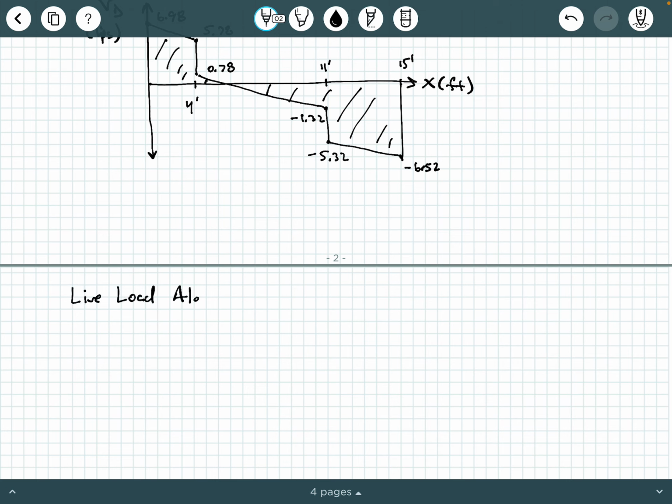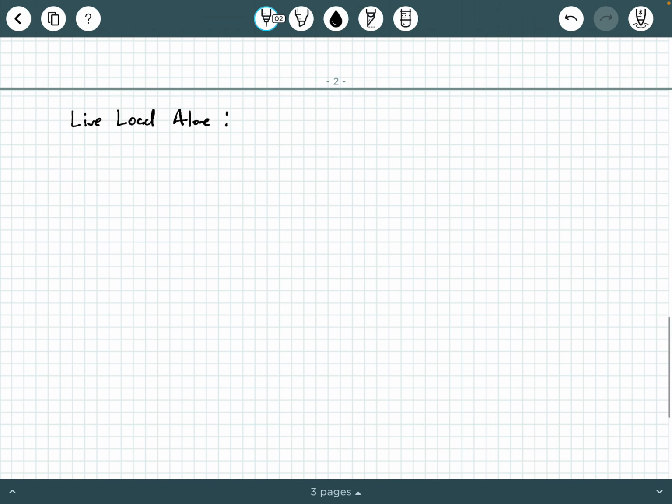alone. Okay, so with the live load alone, we can resketch the beam. And when we resketch the beam, we put the live load alone on this beam.